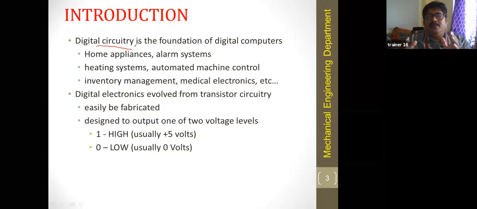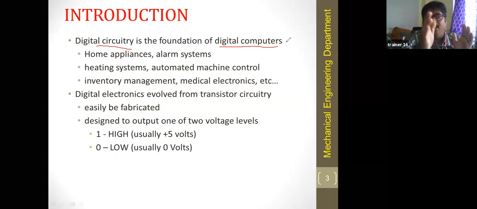Here in the syllabus, the first topic is digital electronics and systems. Systems here means digital systems. Digital circuitry is the foundation of digital computers. Digital systems means digital computers.